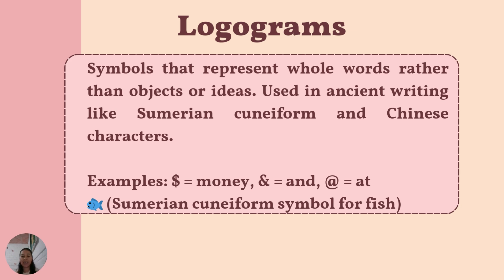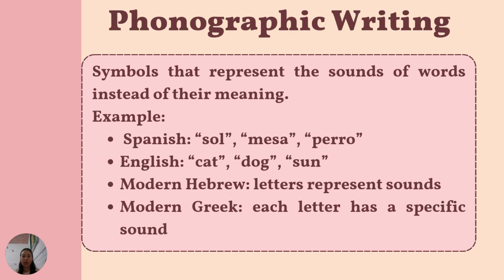The next is phonographic writing. Phonographic writing uses symbols that stand for the sounds of words instead of the meaning of the words. In other words, each letter or character shows how something is pronounced. That's how most modern alphabets work.